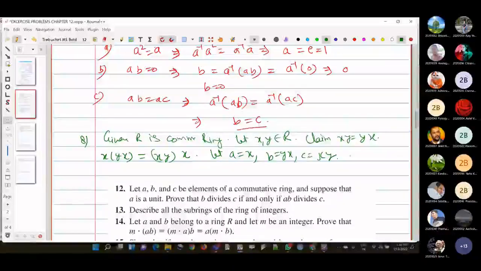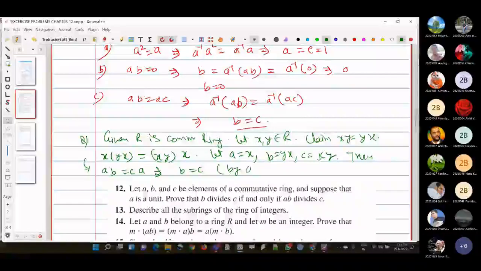In view of this, in place of X we take A, in place of YX we keep B, and XY is nothing but C, and then X is A. This implies that B equals C by the assumption of the question.